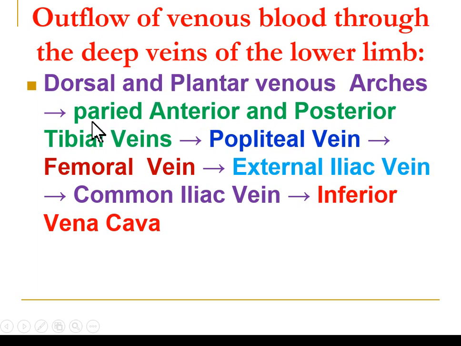The venous blood flows into the peroneal, anterior and posterior tibial veins, into the popliteal, popliteal into the femoral, into the external iliac, into the common iliac, and into the inferior vena cava. These are outflow of deoxygenated blood through deep veins of the lower limb.